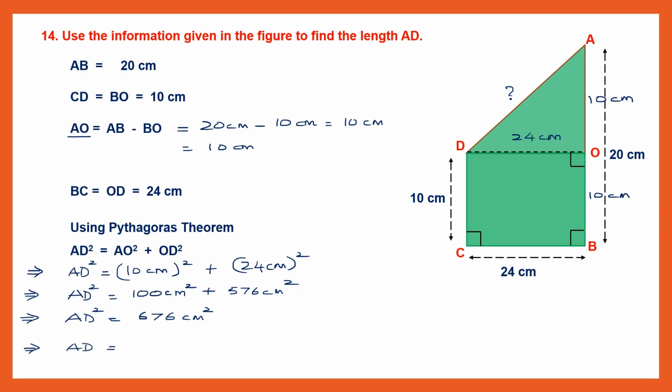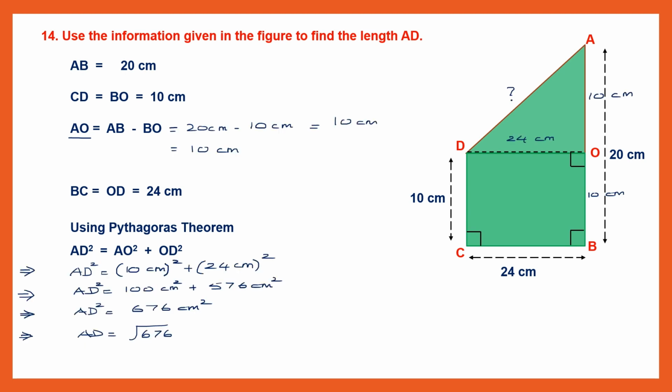Now we're going to find only AD. AD will be equal to the square root of 676. Let's find the prime factors of 676. Let's divide this by 2. 2 3s are 6. Again, 2 3s are 6, but that is 7, so there's 1 left. Now we have 16. 2 8s are 16. Continue with 2. 2 1s are 2.